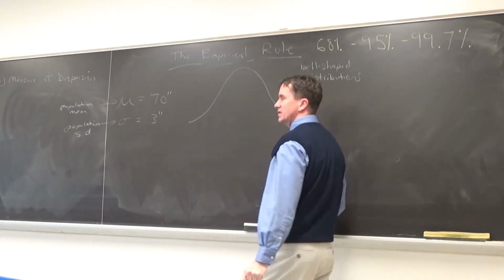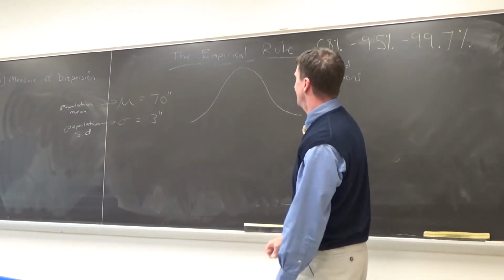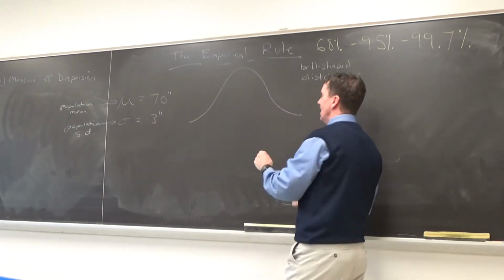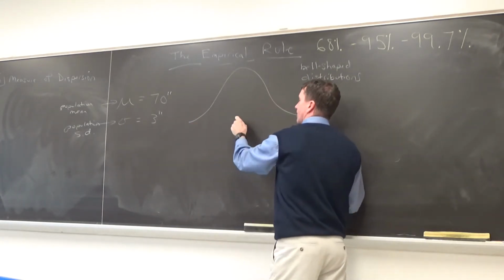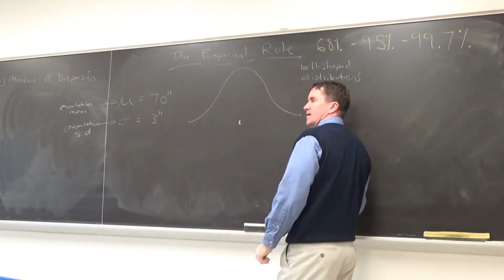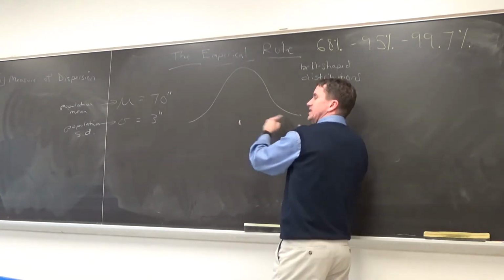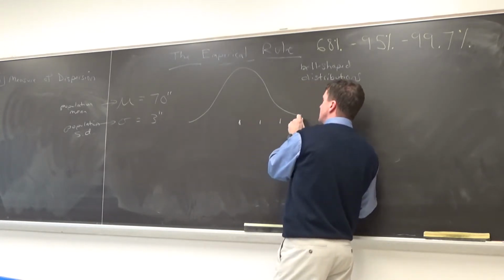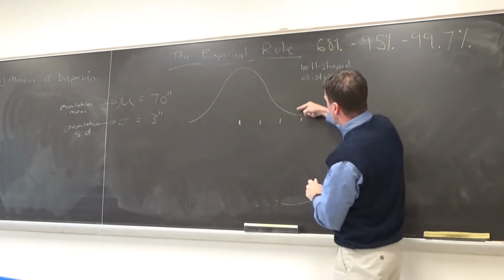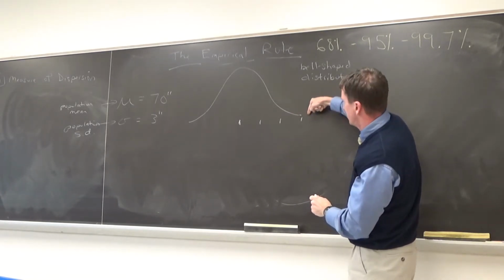It doesn't have to be perfect. Mine isn't. Draw a bell. And put a tick mark right in the middle. And we're going to do 3 tick marks to the right. 1, 2, and make this third tick mark fall about where this thing's starting to flatten out.